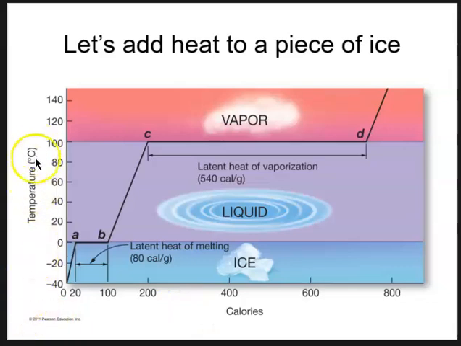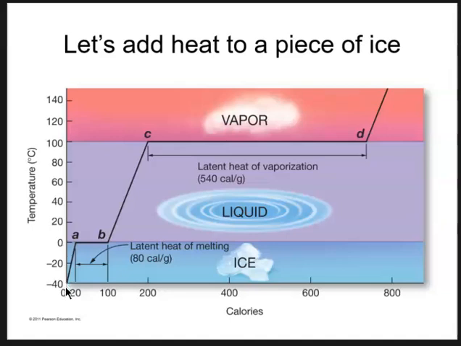And on the y-axis we have temperature in degrees Celsius. So again, that is a measure of how quickly the molecules are vibrating or moving. Our y-axis starts at negative 40. That is our beginning temperature of our 1 gram of ice.